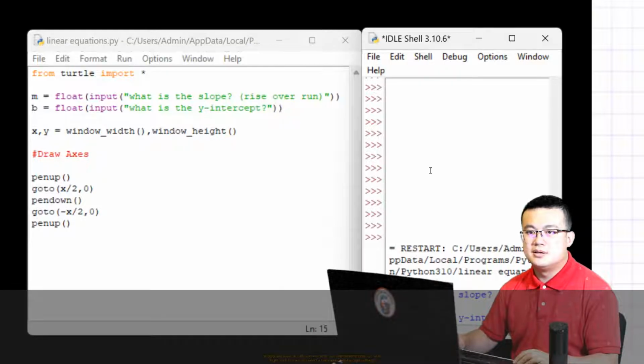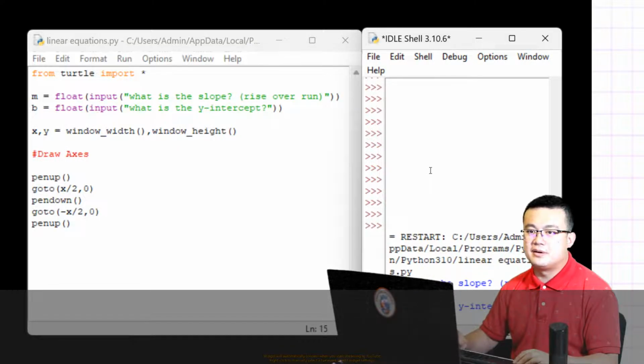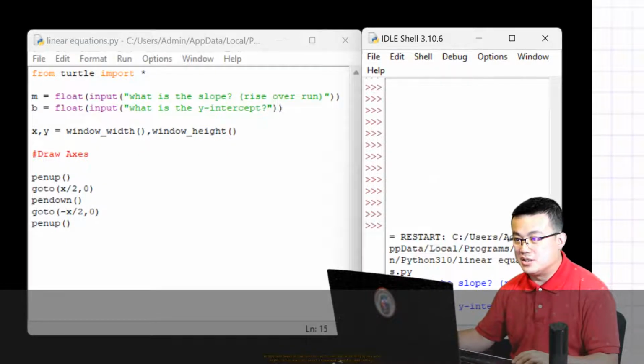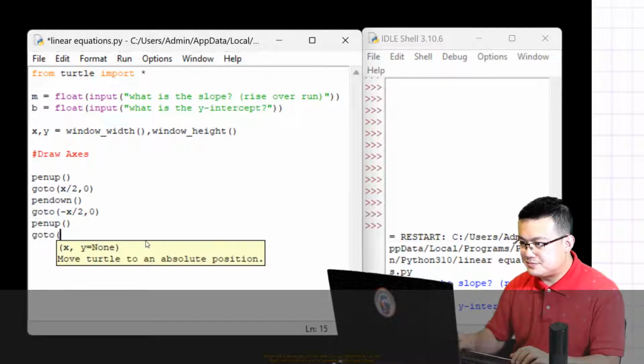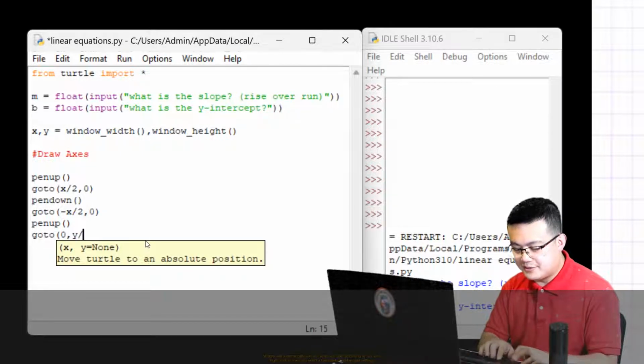What is the slope? 2. Y-intercept, 5. Oh, we haven't actually drawn everything yet. That's okay, we'll keep going. Pen up, go to 0, y over 2.